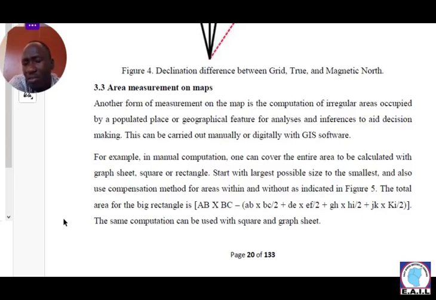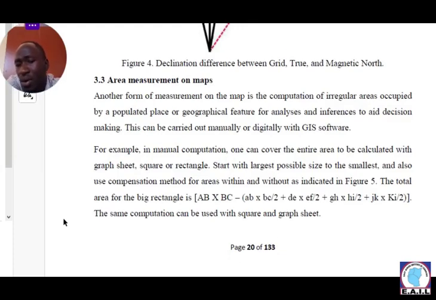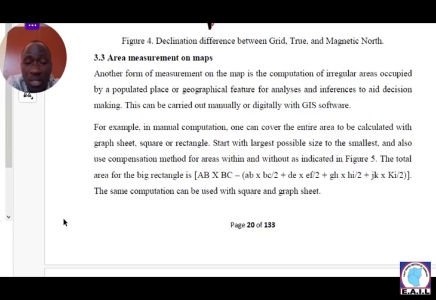But here things tend to change, and we are going to be looking at the method below, which says: AB times BC minus, in brackets, AB times BC divided by 2 plus DE times EF divided by 2 plus GH times HI divided by 2 plus JK times KI, and then you divide it by 2 and put it in brackets.